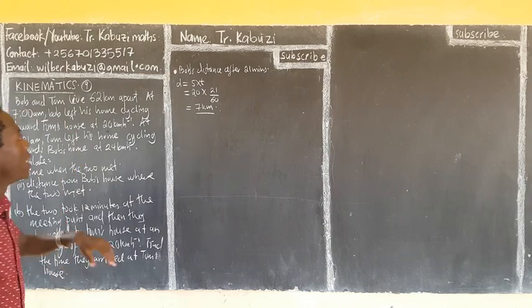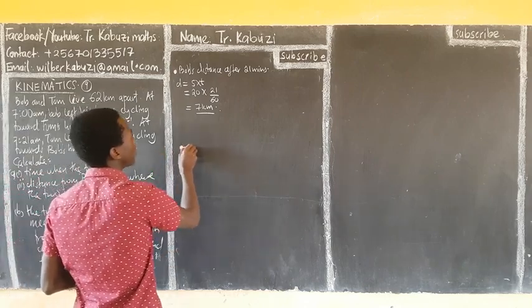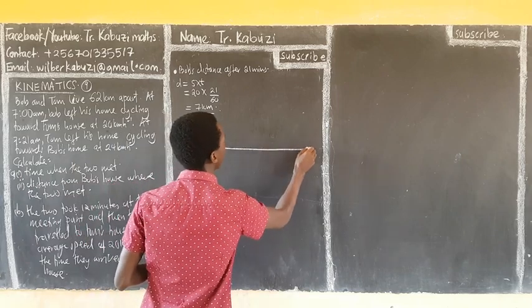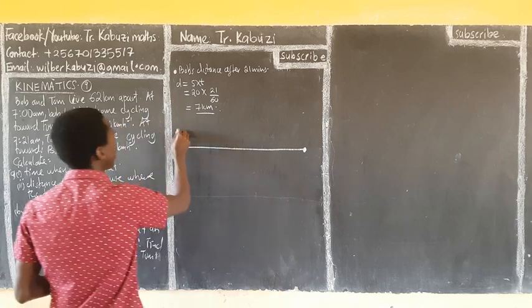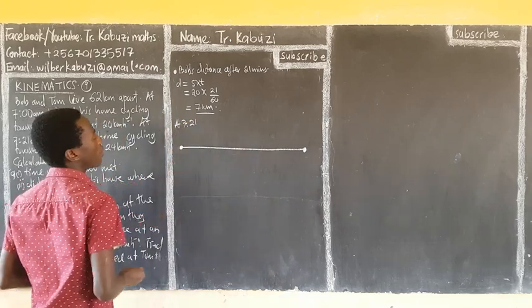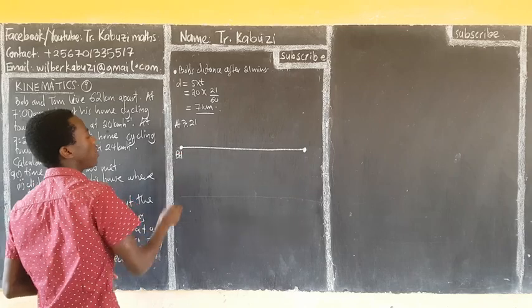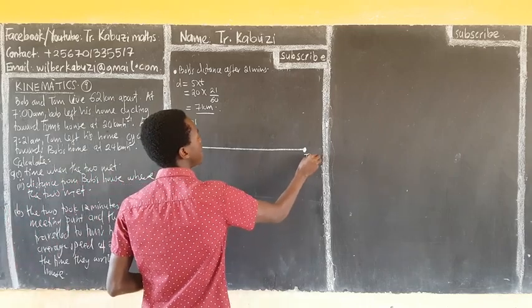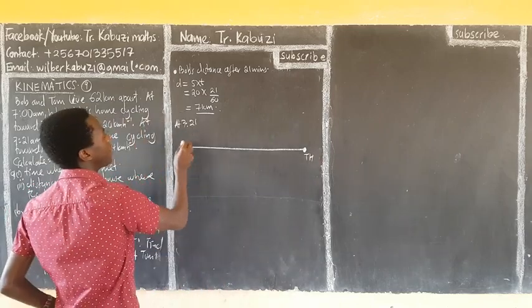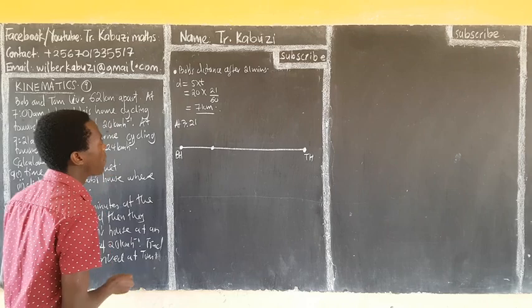So this is what we have at the starting point. At 7:21, if this is Bob's home and this is Tommy's home, Bob had already moved 7 kilometers away from his home.